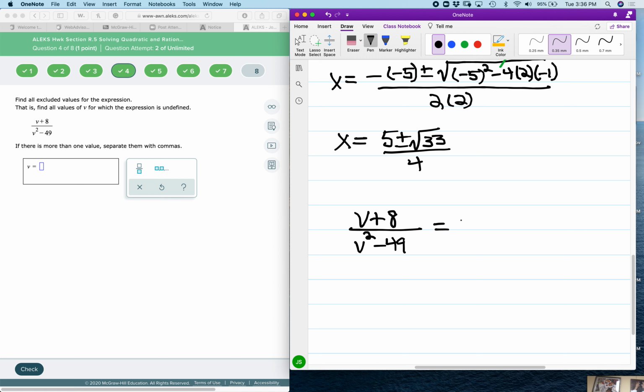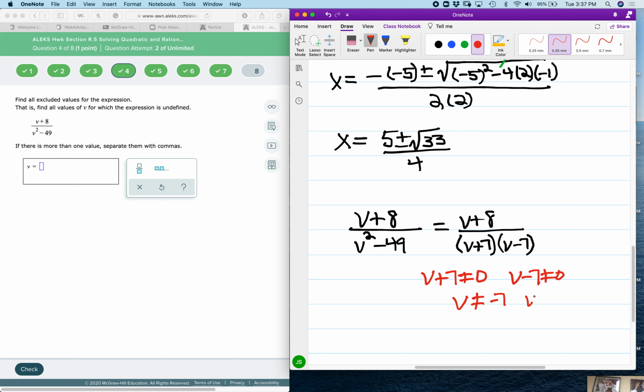If I factor this difference of squares, you have v plus 7 times v minus 7. Now for this expression to be defined, v plus 7 and v minus 7 cannot be 0. So v cannot be negative 7, and v cannot be 7. These are our restrictions.